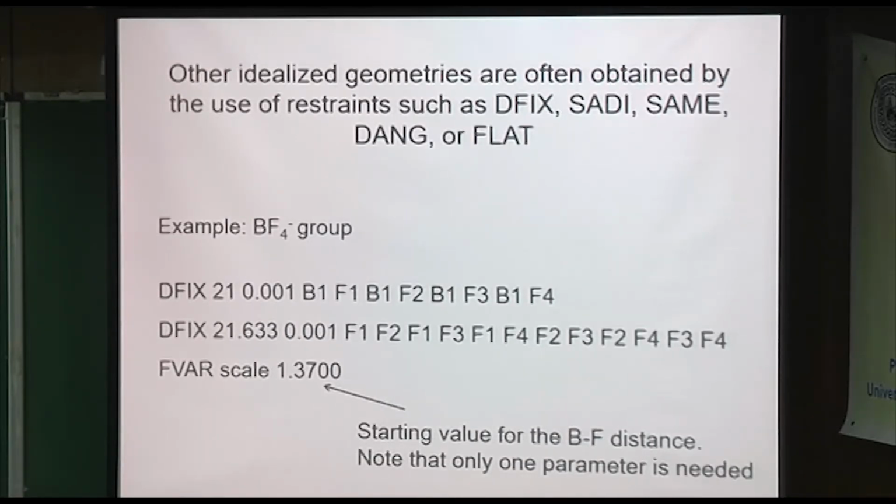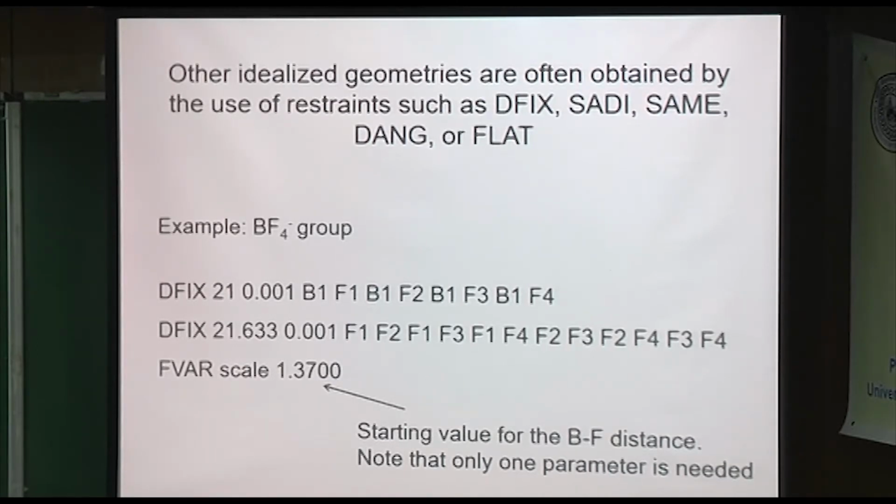Now, if it's one that's not built in, another approach is to use this DFIX. It stands for distance fix. And it doesn't involve angles, it only involves distances. So you have to define, like in a BF4 group, you have to define the BF bonds and the FF bonds. Because if you don't define the FF bonds, you're not fixing the angles, right?